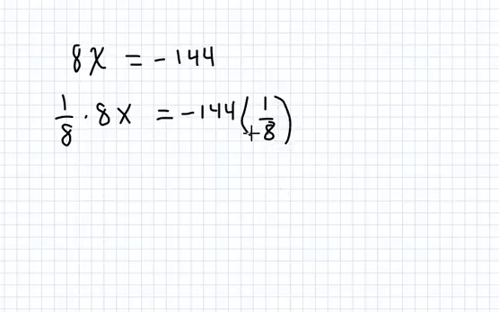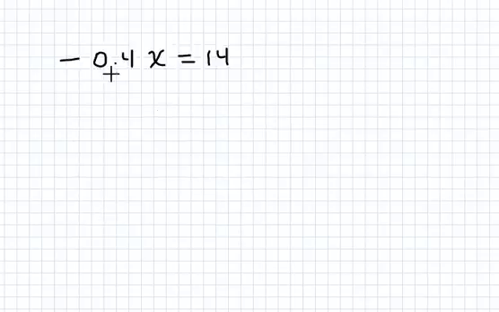And of course it doesn't matter whether I put the 1/8 on the left side or over here on the right hand side. So an eighth times 8 is 1, and so we're left with x is equal to a negative number times a positive number, which becomes a negative number, and that is negative 18.